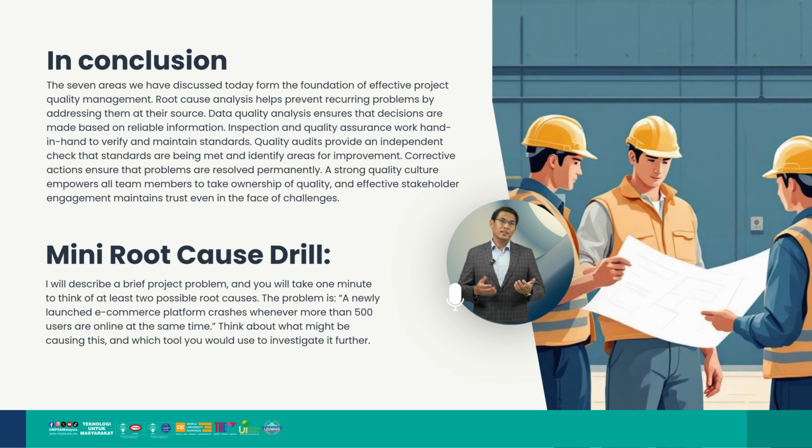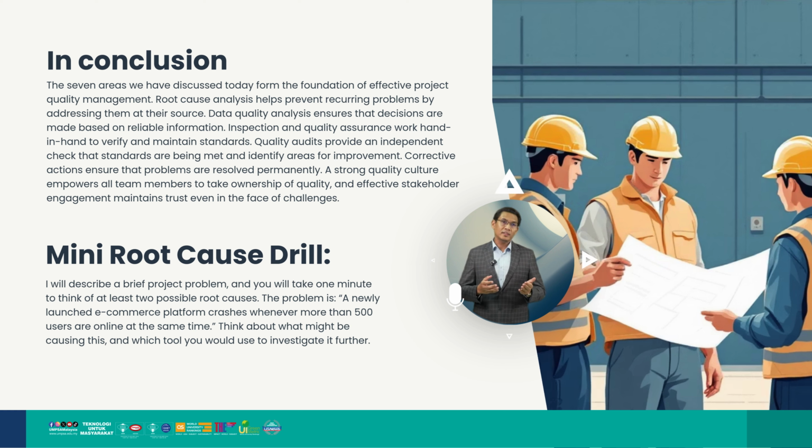In conclusion, the seven areas we have discussed today, from the foundation of effective project quality management, include the following. Root cause analysis helps prevent recurring problems by addressing them at their source. Data quality analysis ensures that decisions are made based on reliable information. Inspection and quality assurance work hand in hand to verify and maintain the standards.